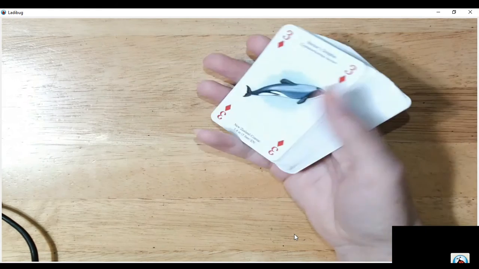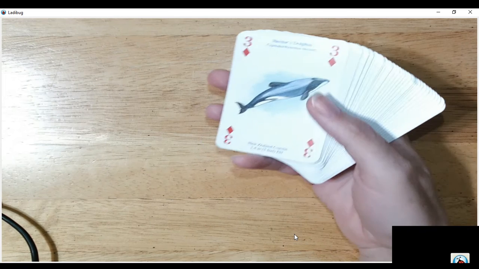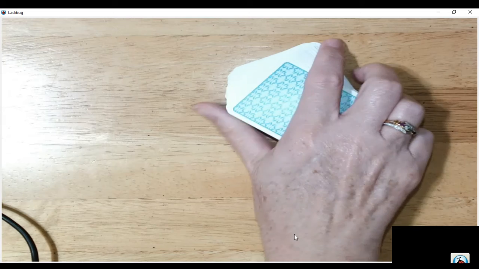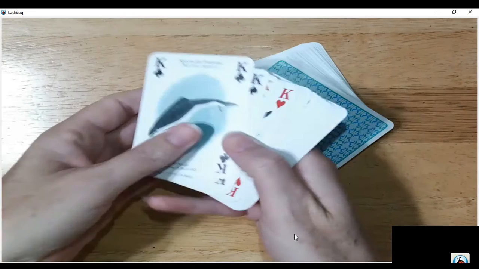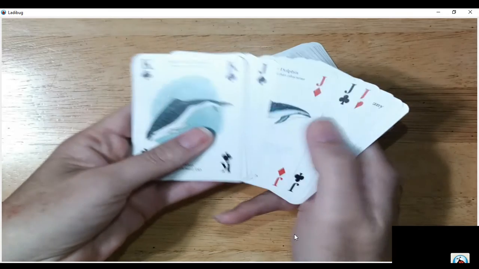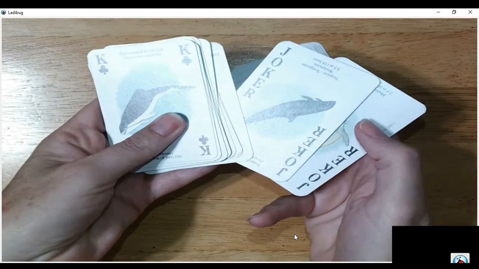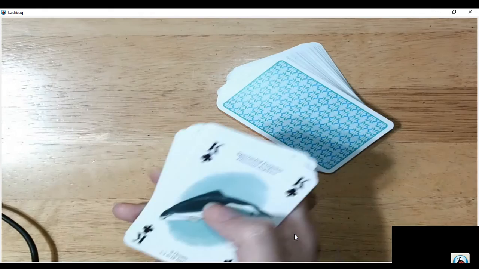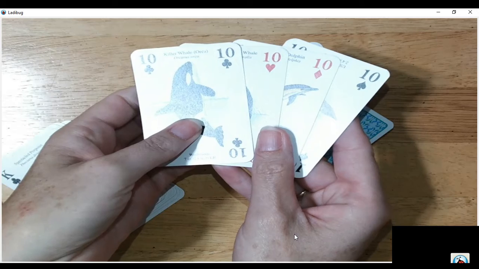Your deck of cards, you need to take out all of the face cards, which would be your kings and your queens and your jacks. You also need to take out your jokers, and you need to take out your tens.